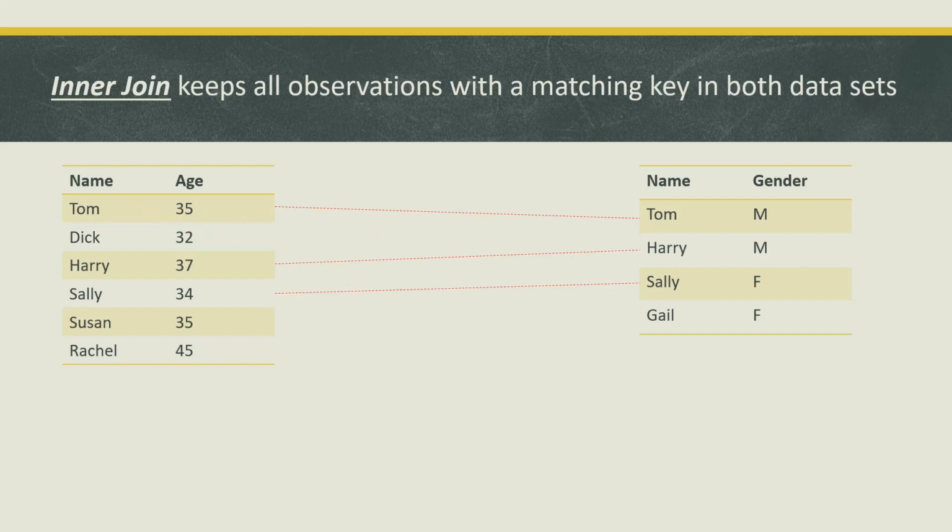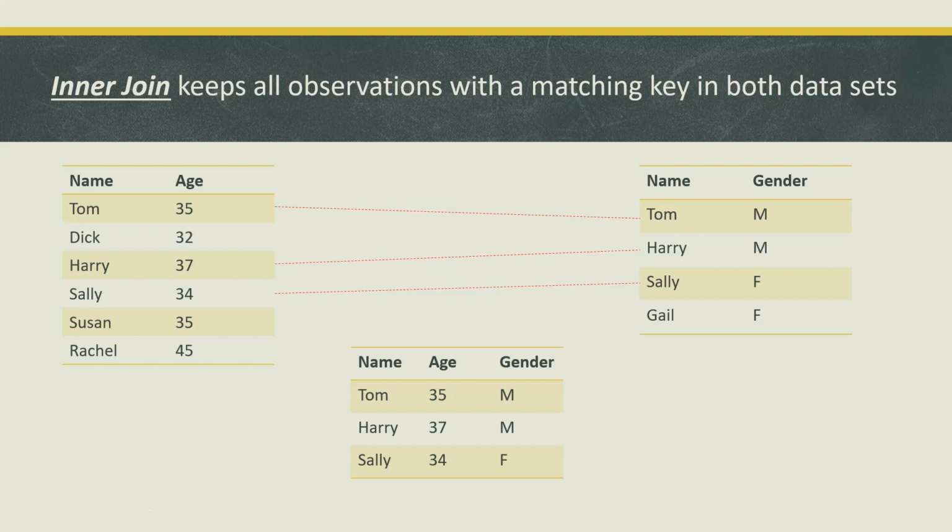So those are the 3 observations whose key of name occurs in both data sets. If we constructed an inner join, our resulting data set would have 3 observations, Tom, Harry, and Sally. We would see the corresponding age brought in from the first data frame and the gender brought in from our second data set. Okay, so that's an inner join.